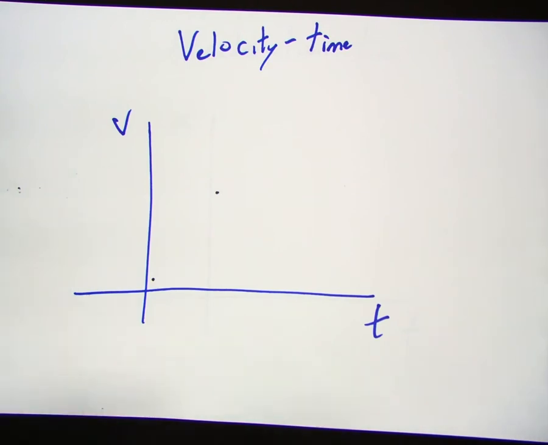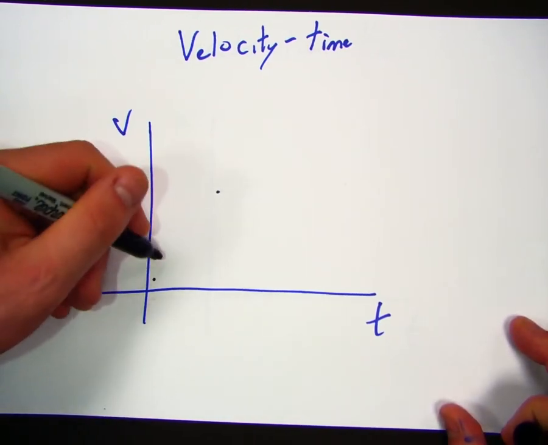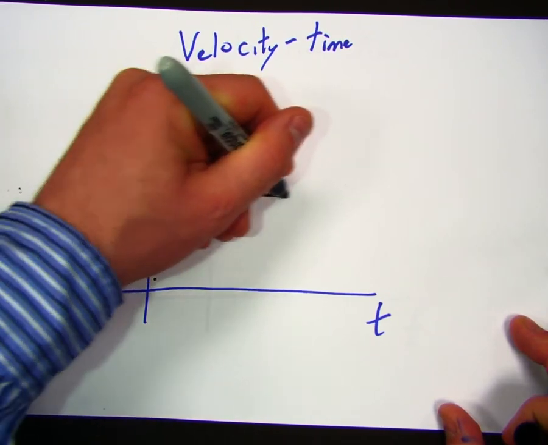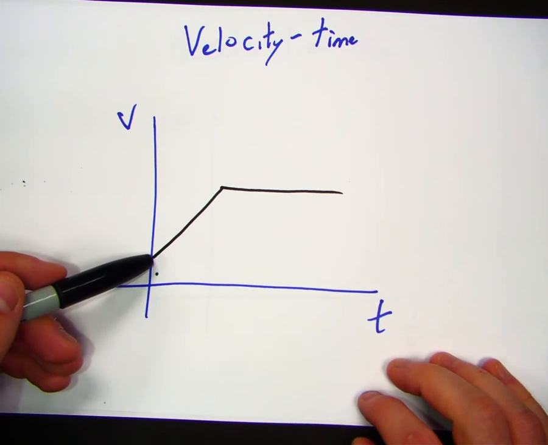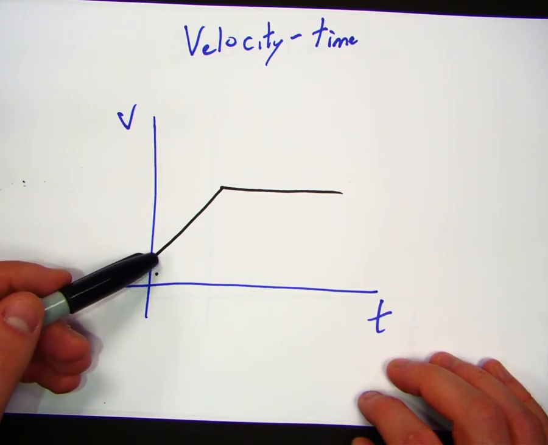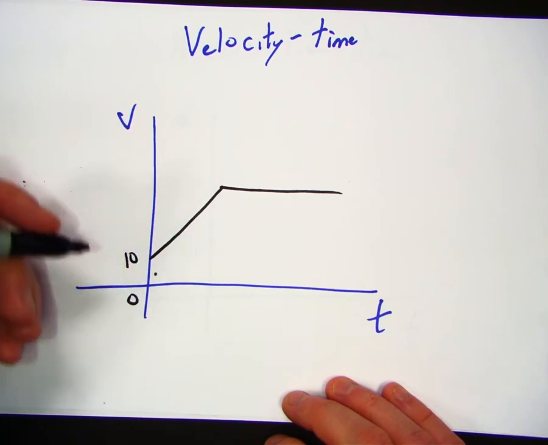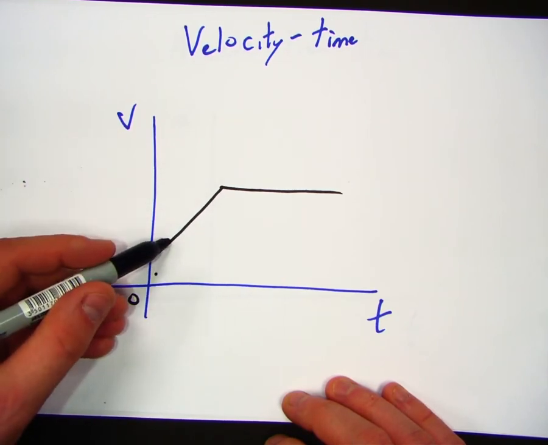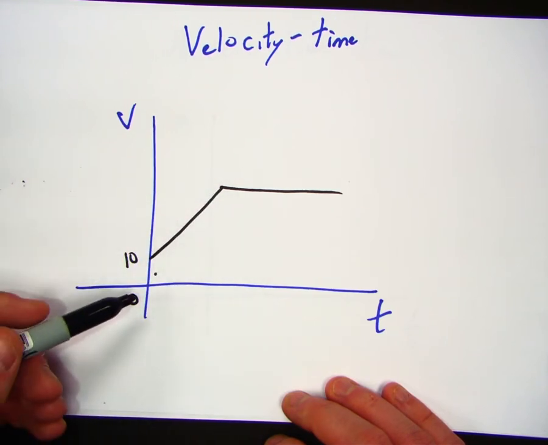A second type of graph is a velocity time graph. Same thing: if I draw the same type of shape here again, going like this, what this states is that the object is getting faster and faster and faster. If I give these numbers on the side, 10, 20 meters per second, 30 meters per second, 40 meters per second, it gets faster and faster.